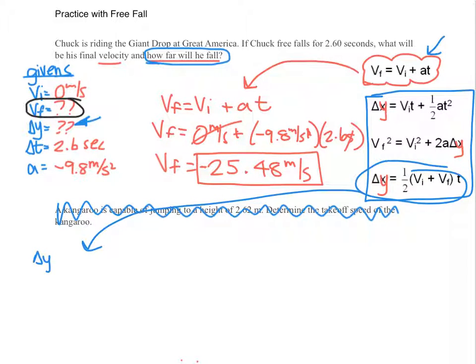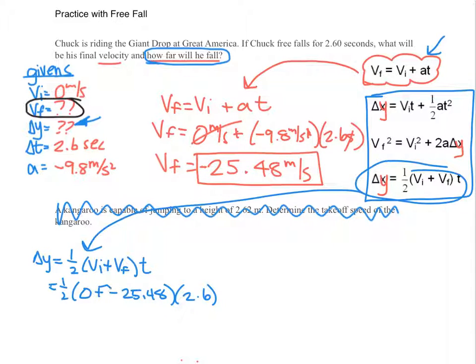Change in y equals 1/2 times vi plus vf times time. Okay, so I have 1/2 times 0 plus a negative 25.48 times 2.6. Now, these two guys are going to make a negative, right?